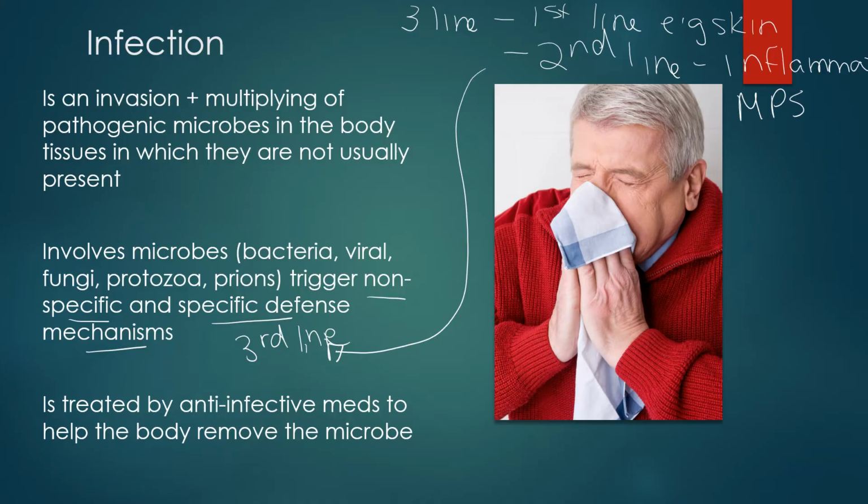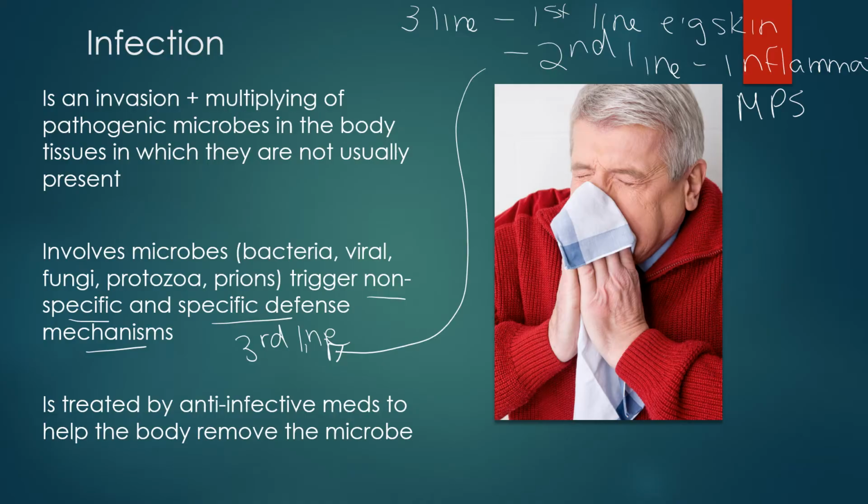So when microbes enter the body, they are always going to trigger both defenses. They're going to trigger your non-specific defenses, which is your first and second line, and also specific mechanisms such as your third line of defense.